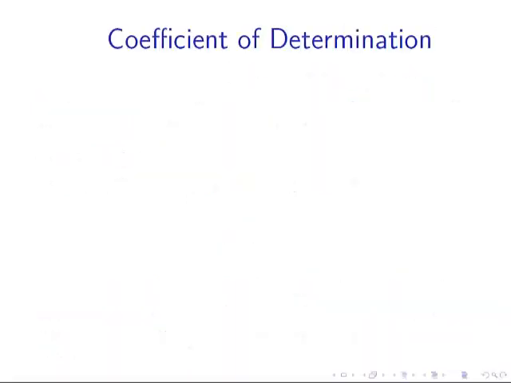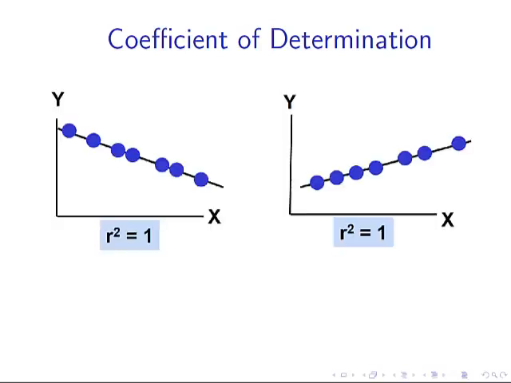Now let's show the relation between the scatter plot, the graph of points, and the coefficient of determination. Look at the first graph. This is a perfect negative linear relationship. All points lie on one line, and the points descend: when the values of x increase, y decreases.